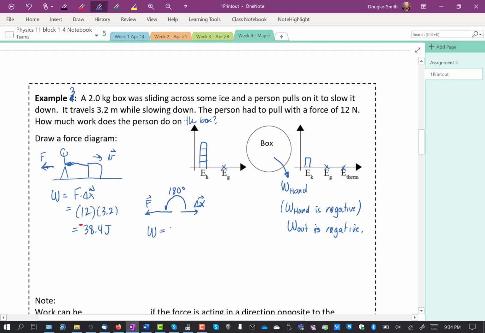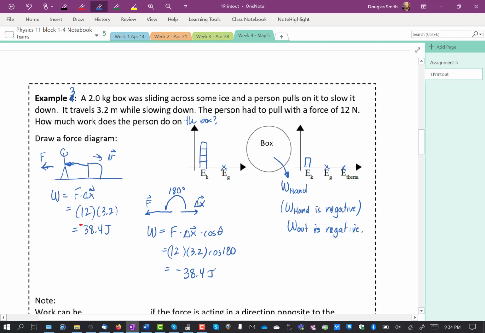So work really is supposed to be force times displacement times cos theta. So that's 12 times 3.2 times cos 180. And cos 180 is equal to negative 1. So this whole thing equals negative 38.4 joules.